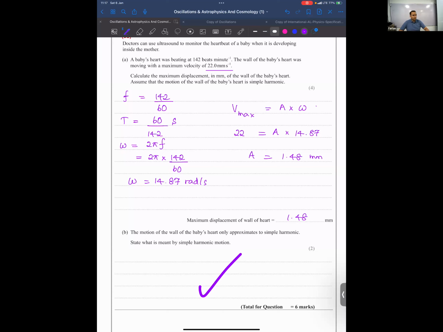It's an oscillation where the acceleration is directly proportional to the displacement, and acceleration and displacement are in opposite directions.